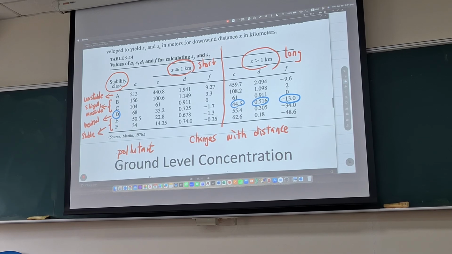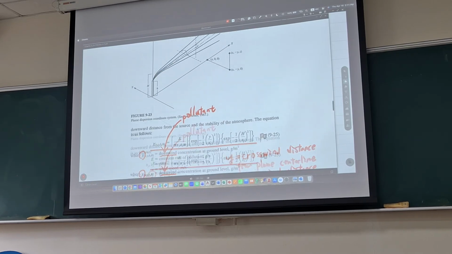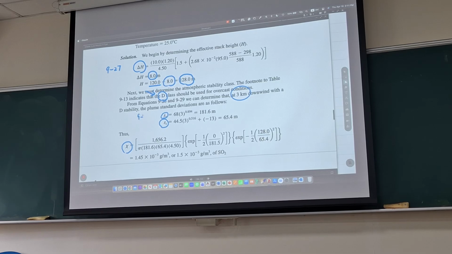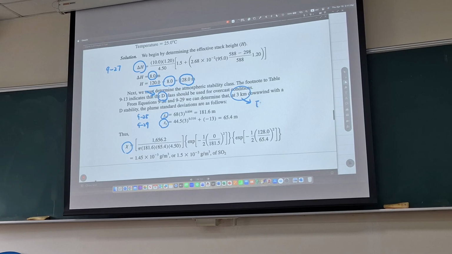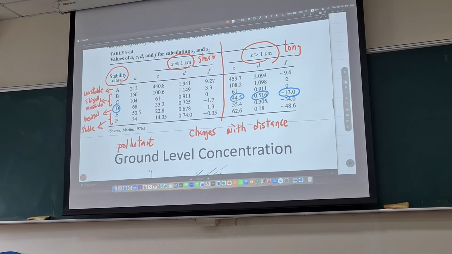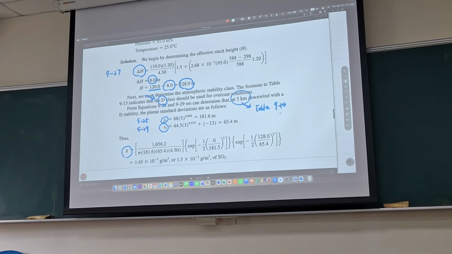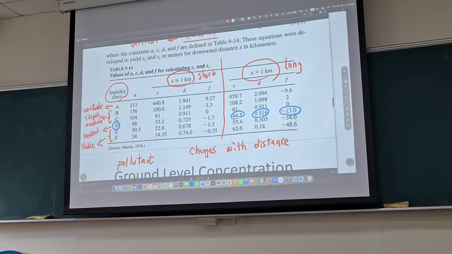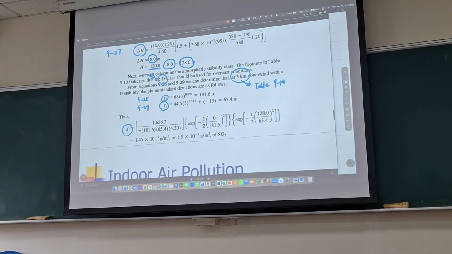So you need to use the CDF parameters. Use these formulas, 9-28 and 9-29, and this is from Table 9-14. Understand? Because it is D class, it is neutral, and the distance is greater than 1, so it is CDF. Then you can find out sigma Y and sigma Z.